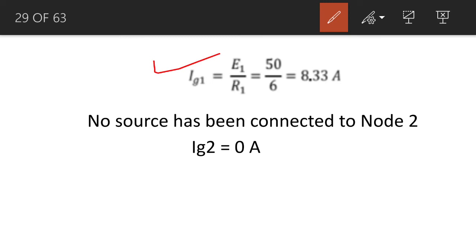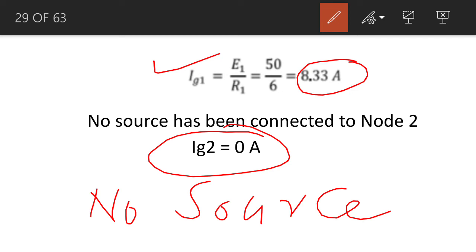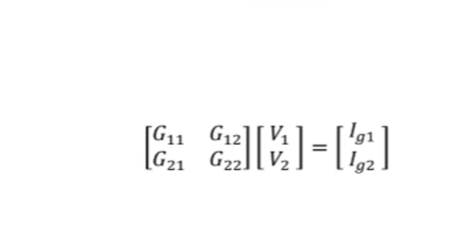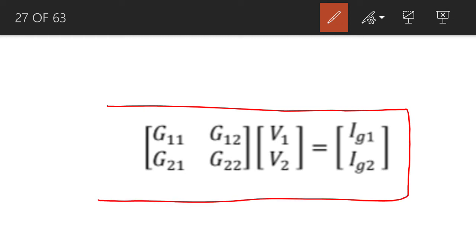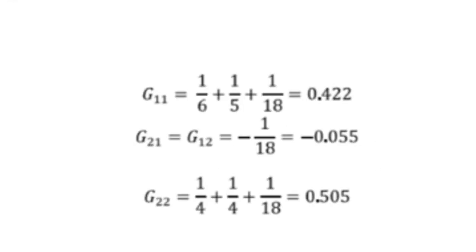Ig1 is 50 divided by 6, which is 8.33 ampere, and Ig2 is 0 ampere, because no source has been connected to the second node. So we put all these values in the standard node equations.